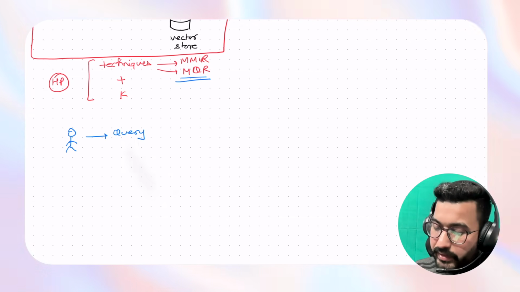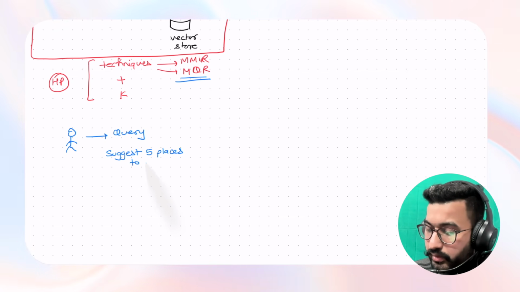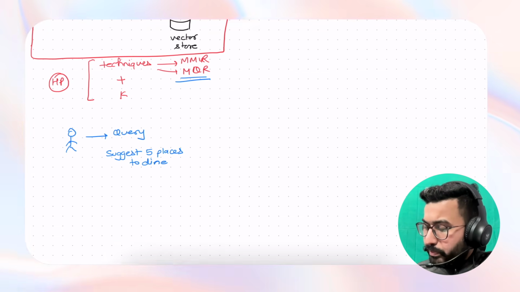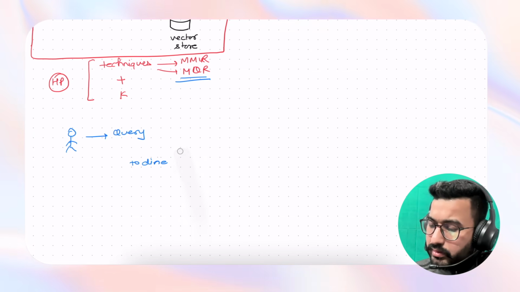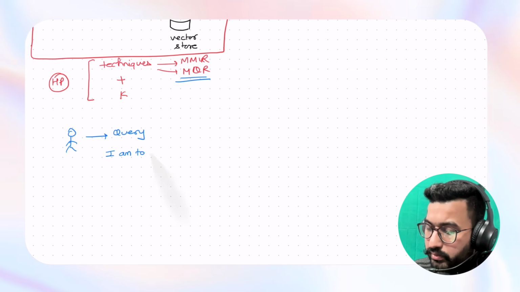So let's say I say the query is "suggest 5 places to dine," or maybe let me just pick a question which is a little more ambiguous. I want to get fit.